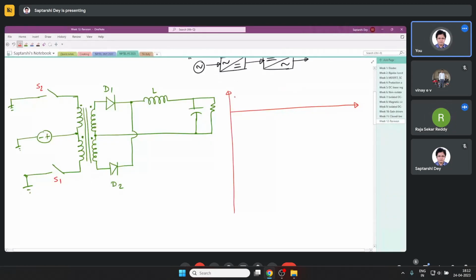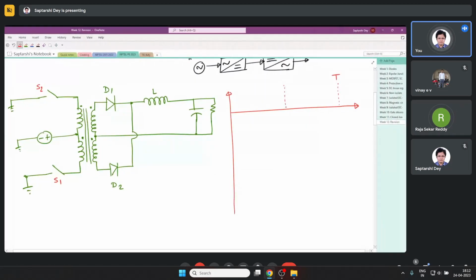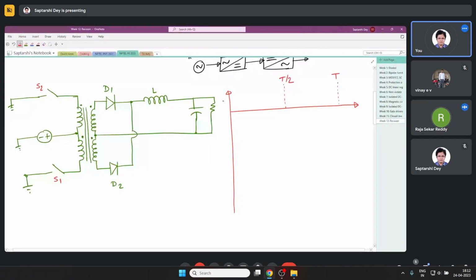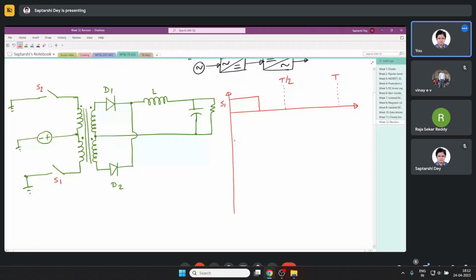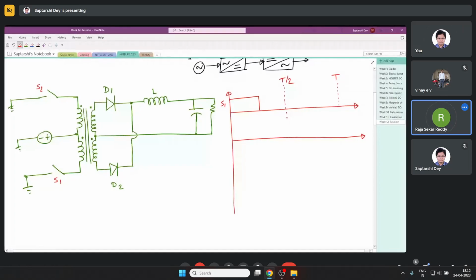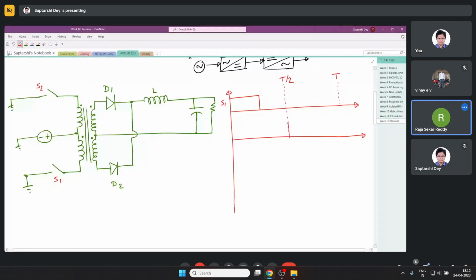If this is the full time period T and this is the half time period T by 2, then S1 is switched like this and S2 is switched like this. These two durations are the same. Now we look at what happens when we turn on S1.